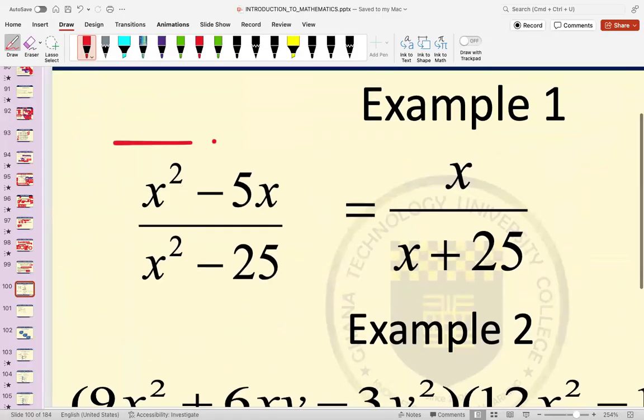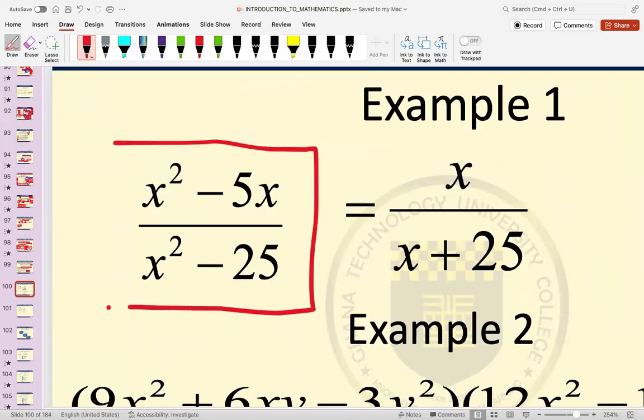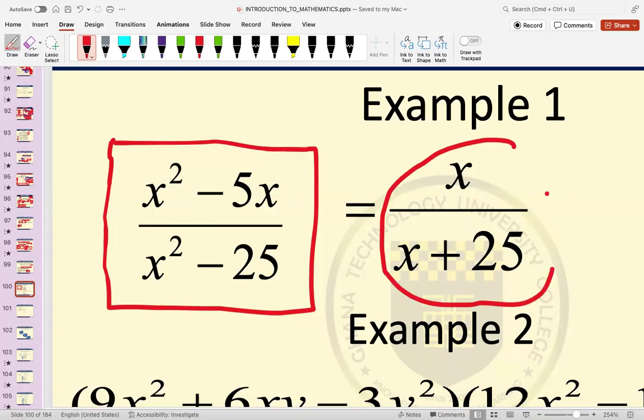Okay. So let's look at some examples of reducing rational expressions. Now look at this rational expression. It looks so big. What can we do to reduce this to look smaller? We are going to employ everything we have learned today to reduce this to look smaller. Just compare the two. This one looks scarier than this one.